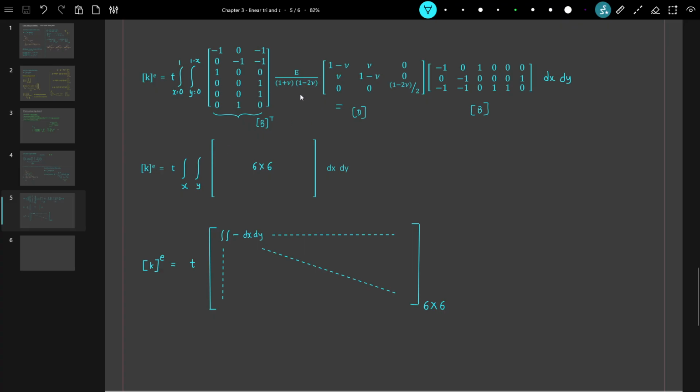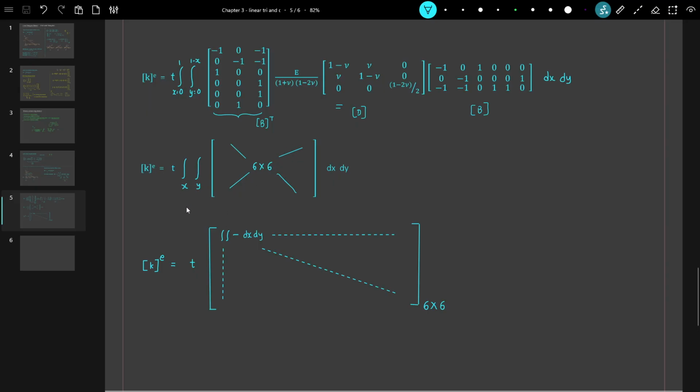In this matrix multiplication there are three matrices, and if we multiply those three matrices, we get a 6 by 6 matrix. Outside the matrix we have a double integral. Now the double integration of the matrix is the double integration of each term in the matrix.